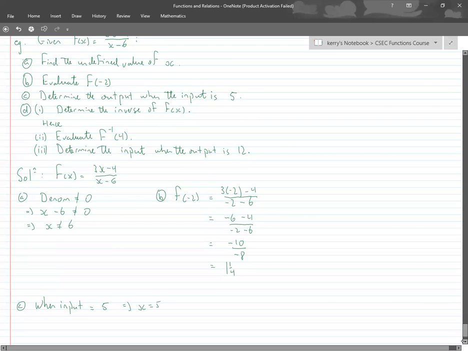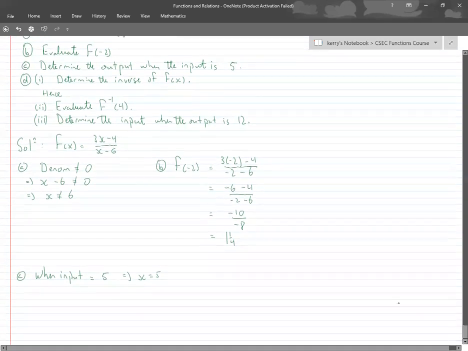All right, so what we take here now is f of 5 is equal to 3 into 5 minus 4, all over 5 minus 6. So this will give us 3 into 5, 15. 15 minus 4 is 11.